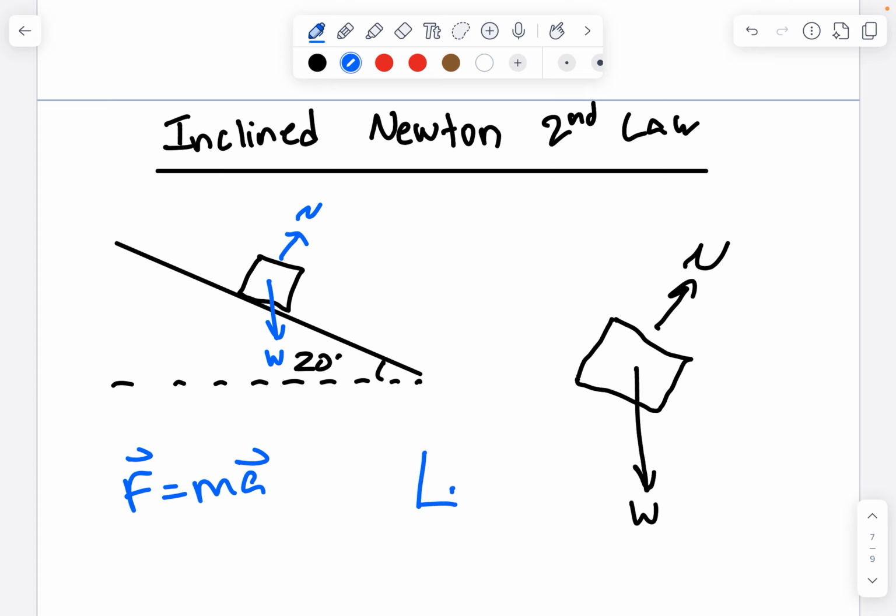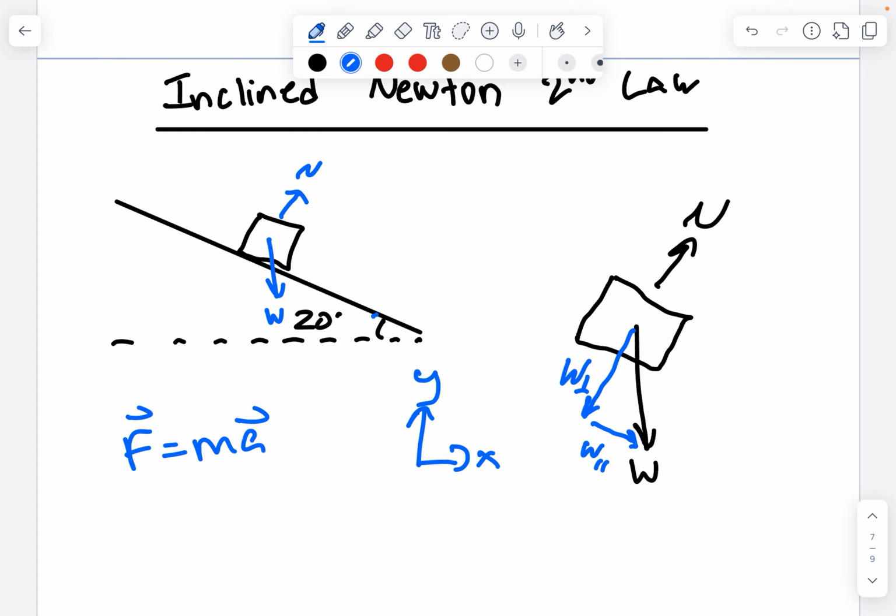So if we have our coordinate system of x and y, we can break this vector W into W perpendicular and W parallel, right? Perpendicular because it's perpendicular to the ramp, parallel because it's parallel to the ramp.